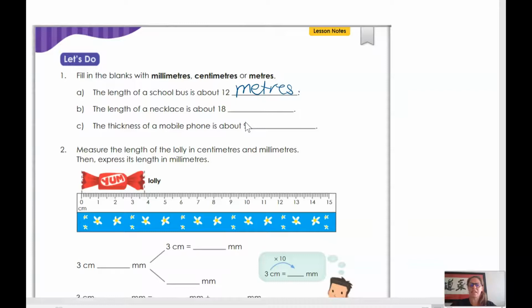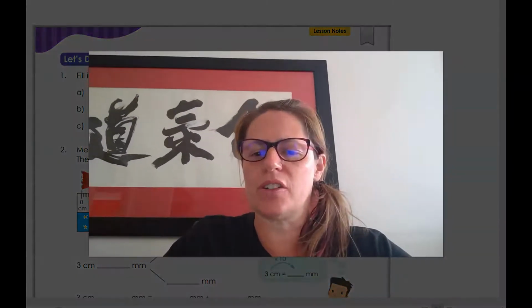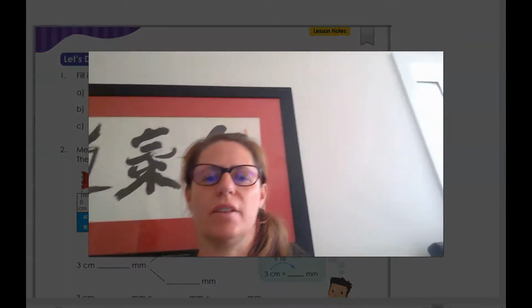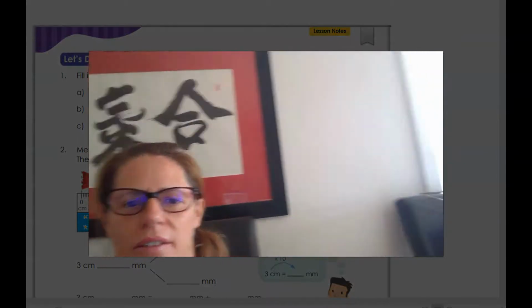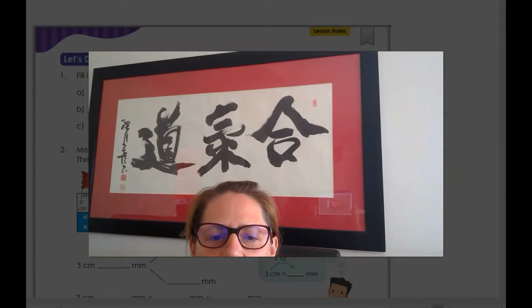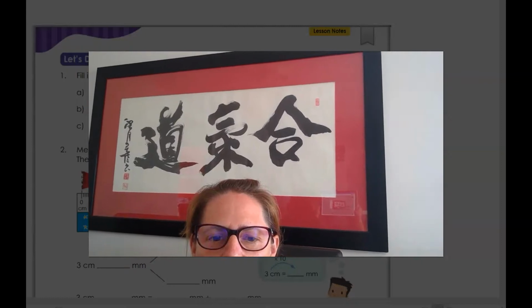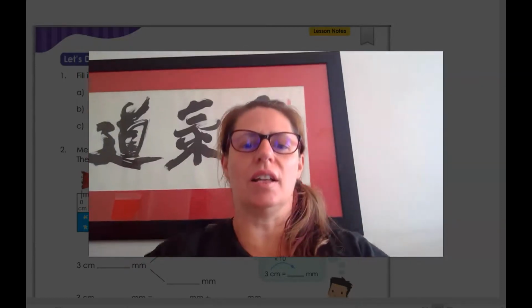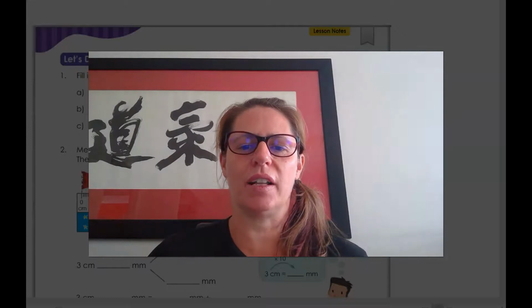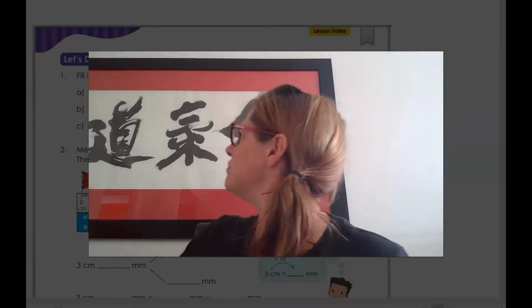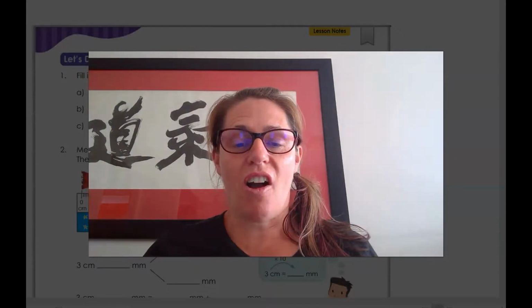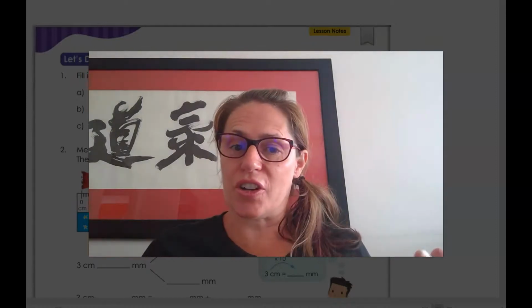The length of a necklace is about what? 18 what? So a metre. How can I describe a metre? Well, look at the picture behind me. That picture is more than a metre, and you can see right behind me that it's only about half of the picture shown.